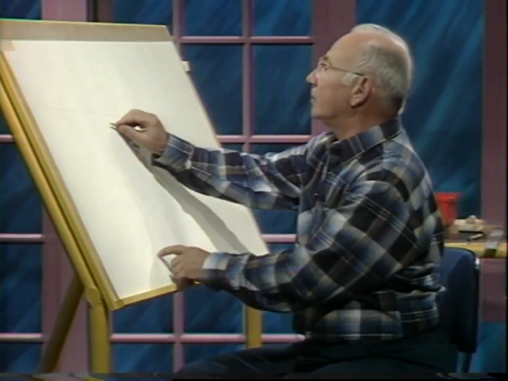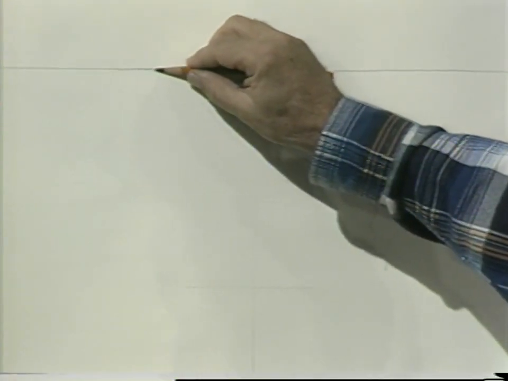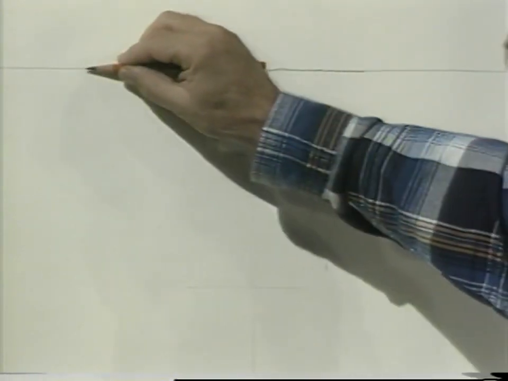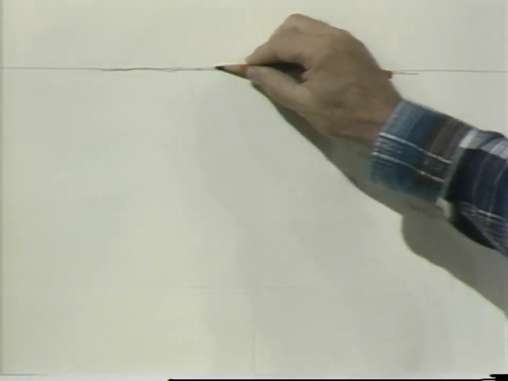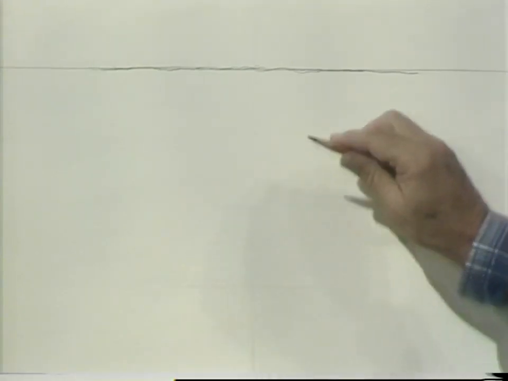Now let me draw a simple box using a one-point perspective. I start with my eye level, sometimes called horizon line, and here's my eye level. Now I want the box to be below that eye level, so that means I'll be looking down on the top of the box.